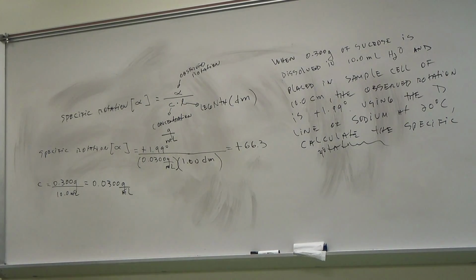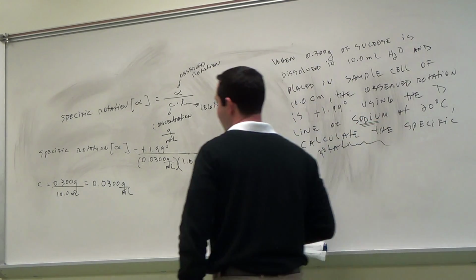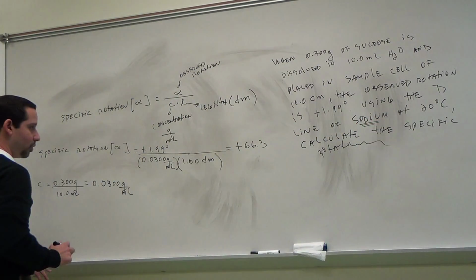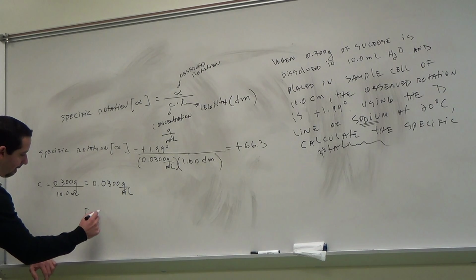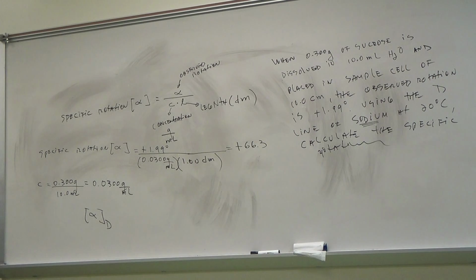Now, this D line of sodium has to be included when we do the specific rotation. So here's how you write this. The specific rotation, down here you have to specify what you used, and what you used was sodium. Sodium was emitting light, and you used the light from sodium.